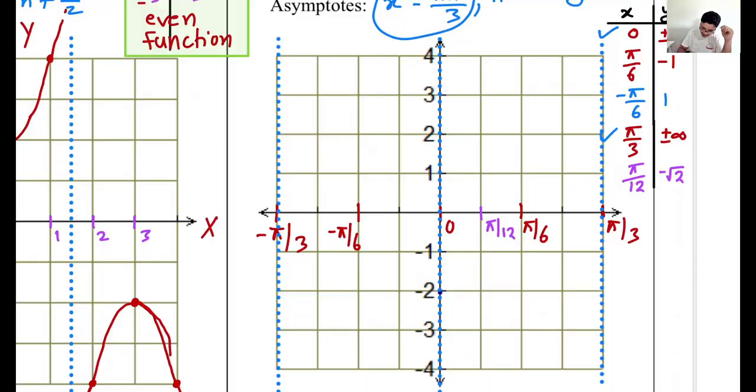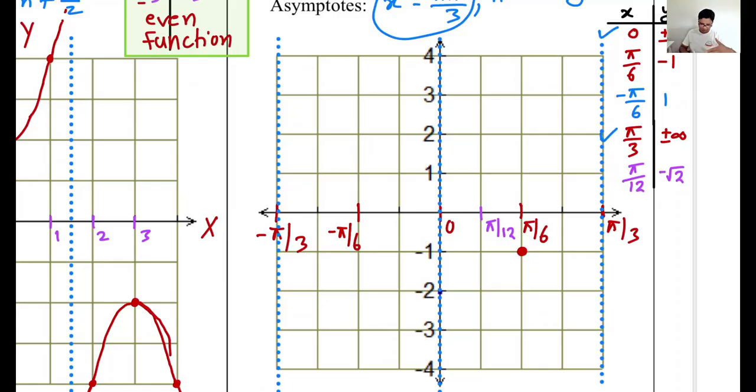And at pi over 6, the value is -1. So I think I have an idea what the graph should look like, because the values are not going to cross the x-axis.